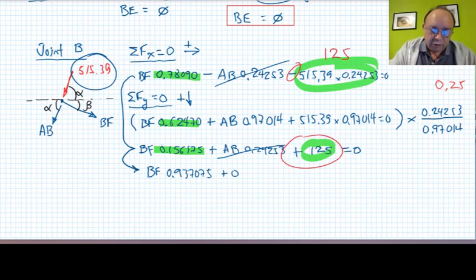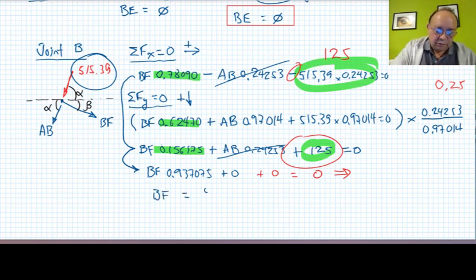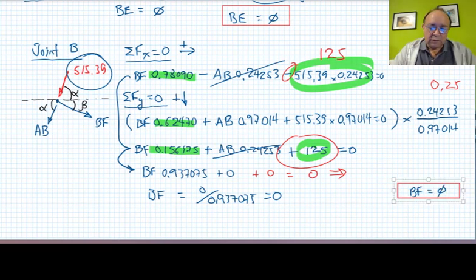And this is 125 positive, so plus 0 equals to 0. So from here, I get that BF equals to 0 over whatever, 0.937075, equals to 0. So BF equals to 0. Okay. So from this solution, we can find now AB.